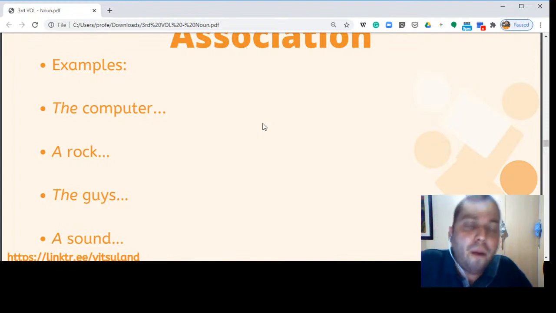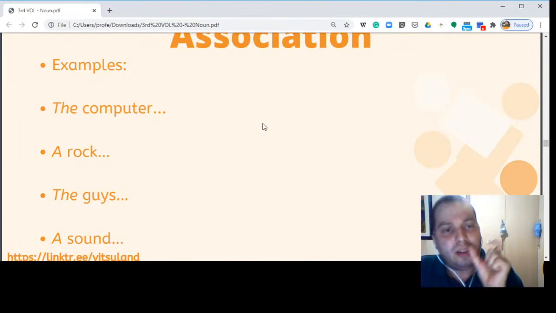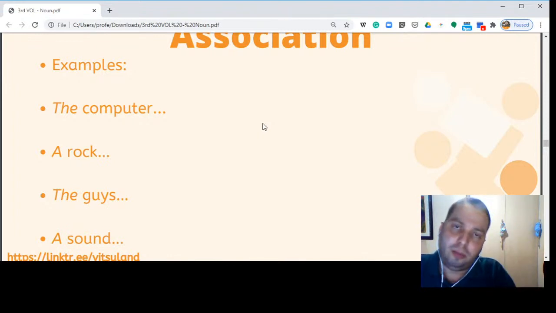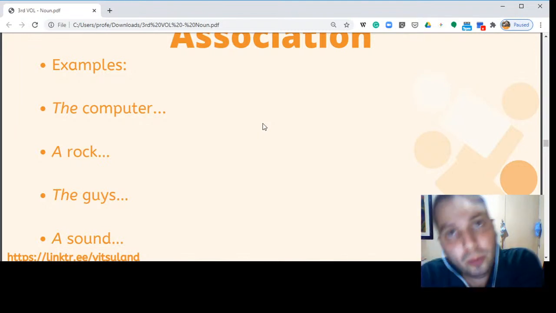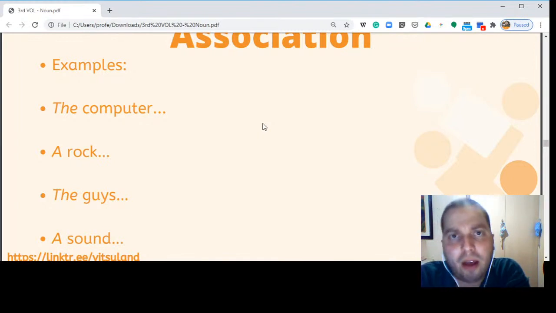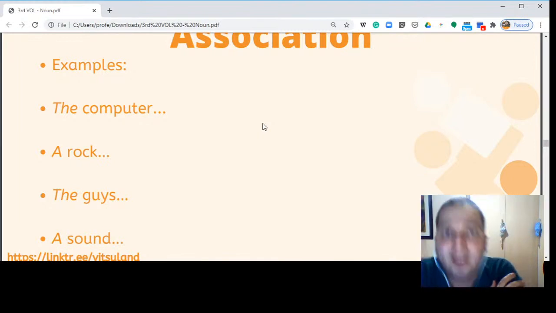So the computer, if we just notice the first word, the, a, or a depending on the accent. The and a, we have these words as articles. So in general, when we have a noun, we have an article previously. Of course, there are some exceptions.